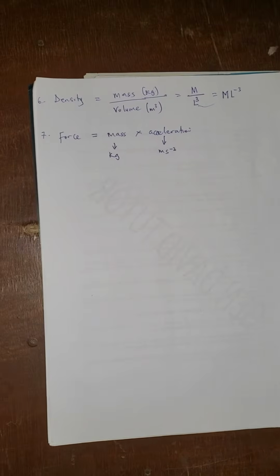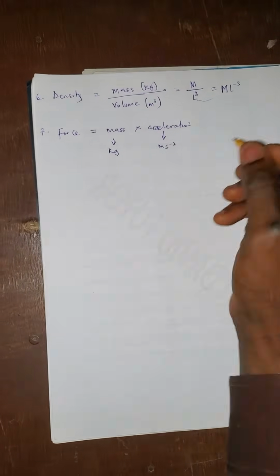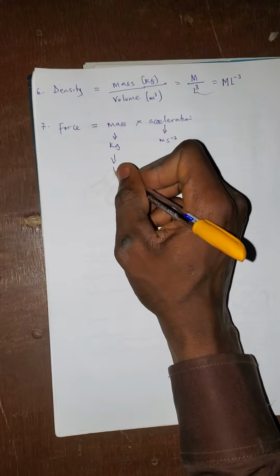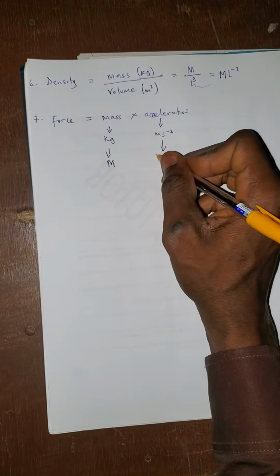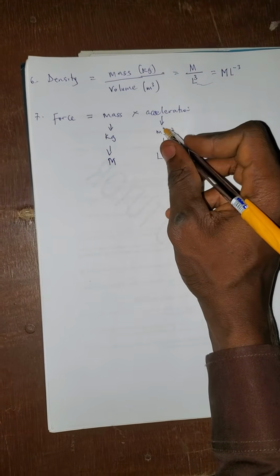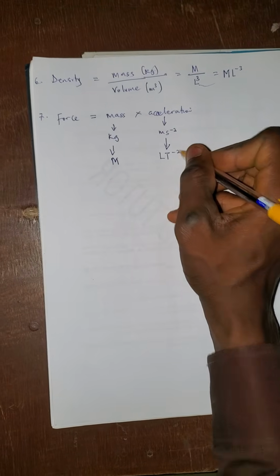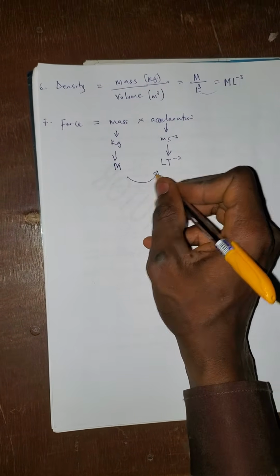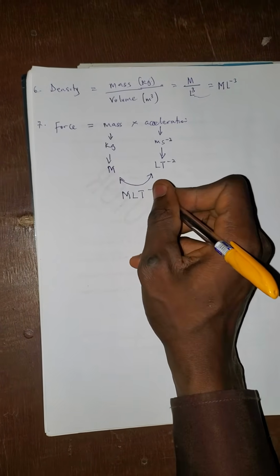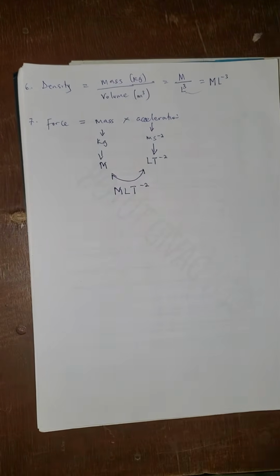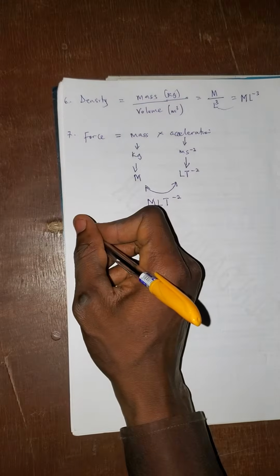Acceleration is meter per second square. So if you check this, the dimension for mass, for kg, is capital M. Dimension for meter is L. Dimension for seconds is T, so raised to minus 2. If you combine these together, this will give us MLT raised to minus 2.